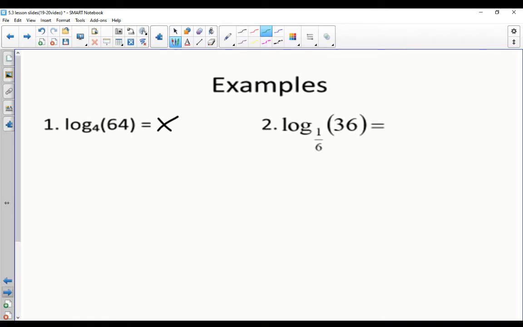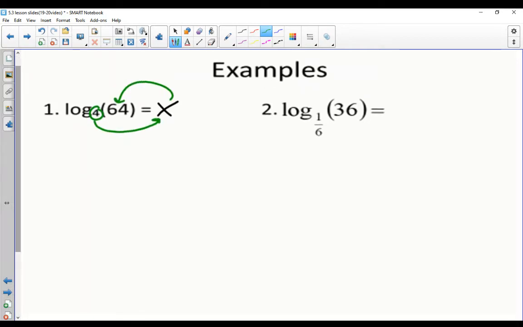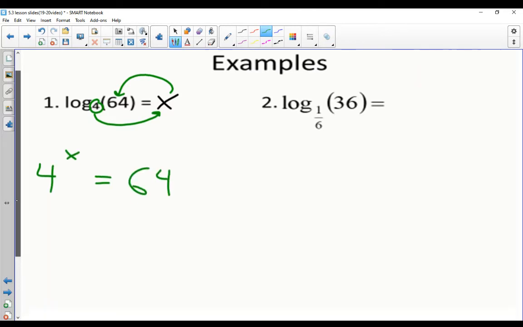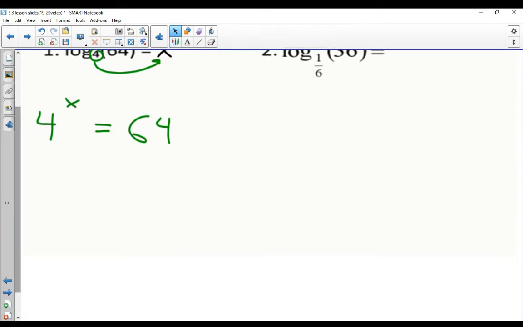And then you can just use what you've done all along, the loop method. So in other words, 4 came first, x came second, and then 64 came last. And then from here, it's very similar to what you did earlier this week, where you can take the 64 and rewrite it as a base of 4.